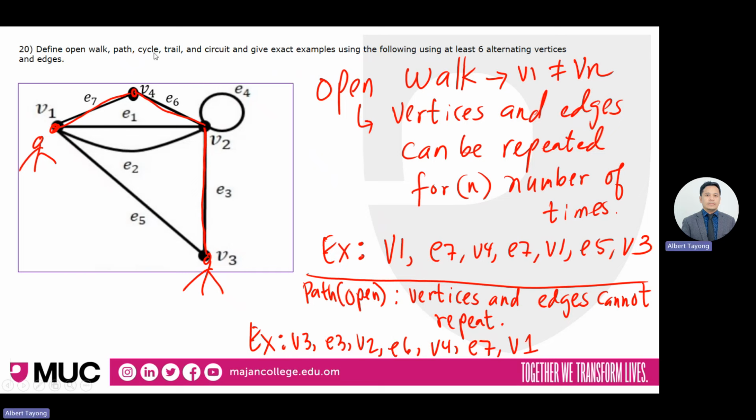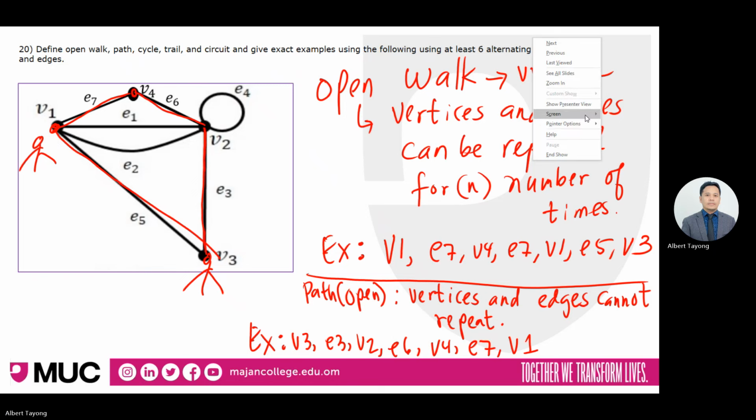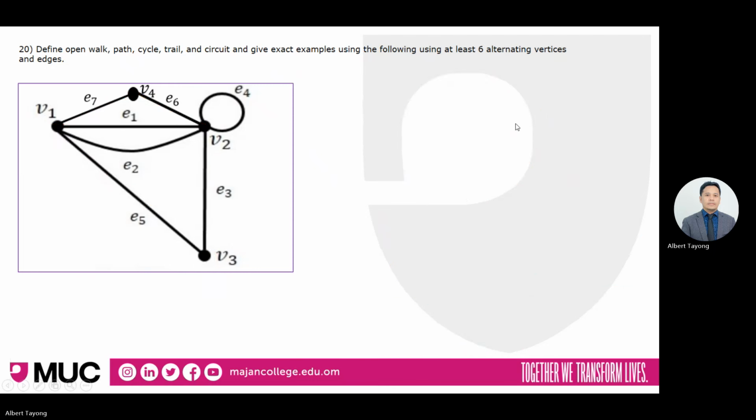Okay, let's have the cycle. Cycle is a closed path. So we can close this directly actually by doing like this. It will become a cycle. So cycle is closed.